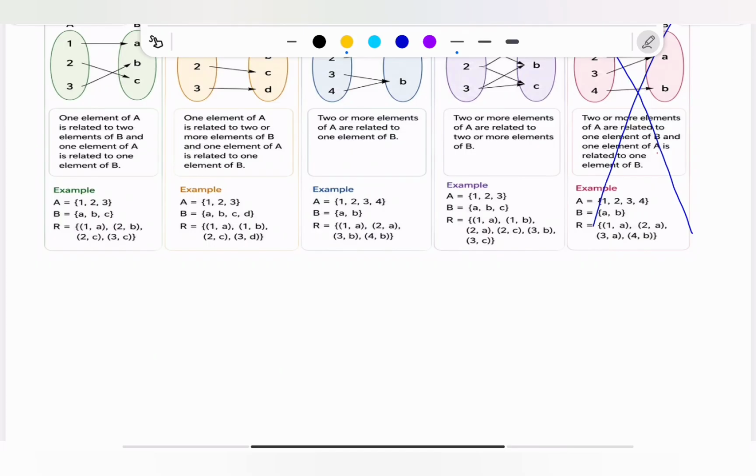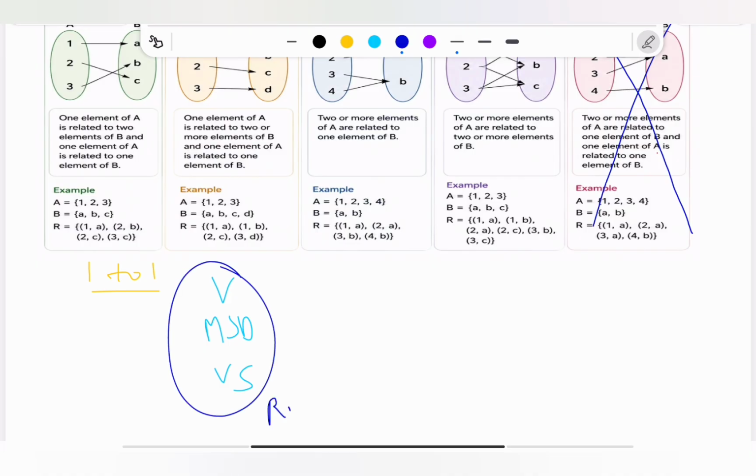Let us take an example for a one to one function. For one to one, let us take the names of the cricketers: Virat Kohli, MS Dhoni, and Vaibhav Suryavanshi. I am taking these three names here.